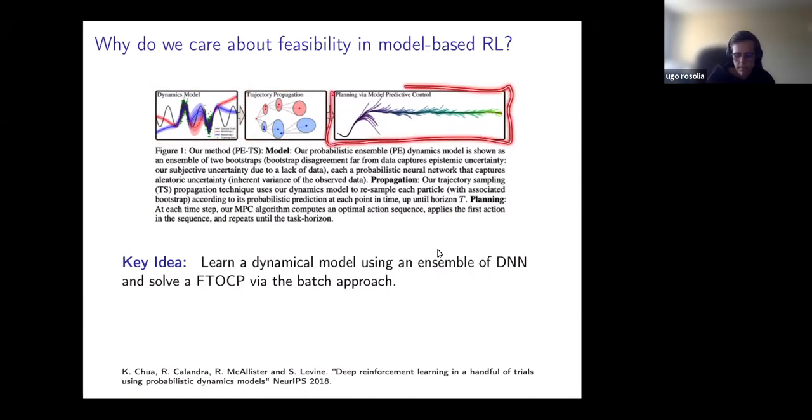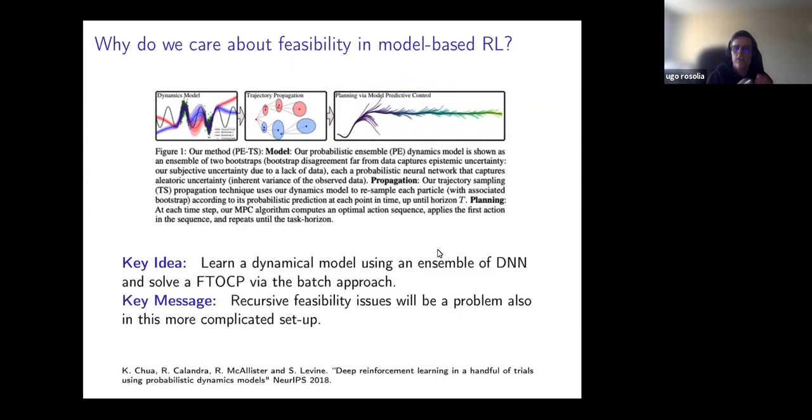Then they computed a policy by solving this planning problem at each time step. So basically they use a model predictive control strategy. And the reason why I wanted to introduce this paper is that also in this very complicated setup, we are going to have exactly the same feasibility issues that we saw in our toy double integrator example.